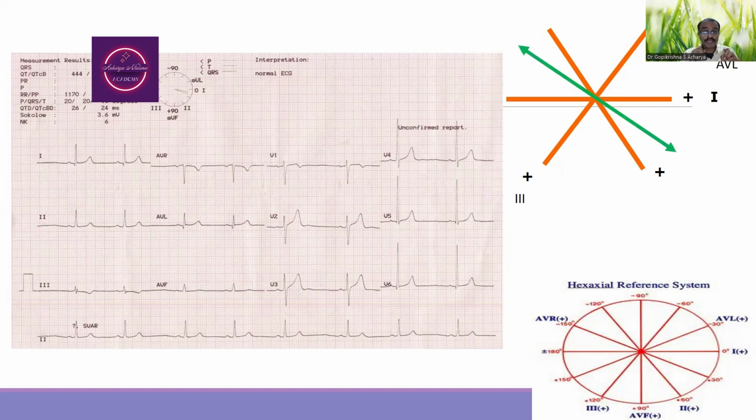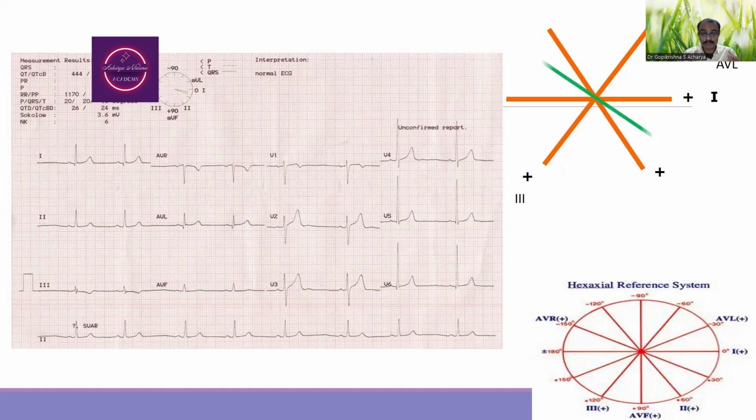The positive deflection will not be present in both of those leads. In one lead there will be positive deflection, and in another lead there will be negative deflection. So the electrical axis will be moving towards the positive deflection of the perpendicular leads to that equiphasic deflection lead.